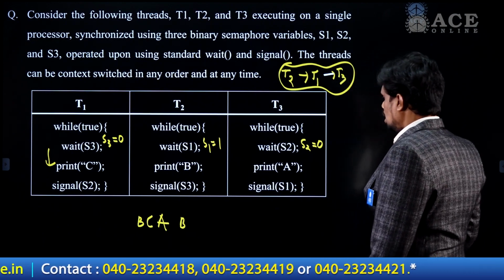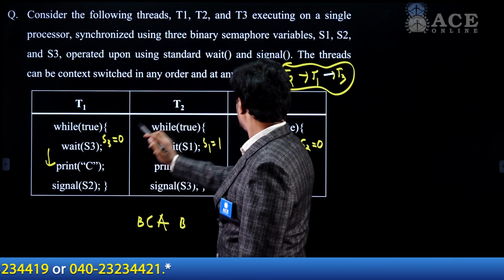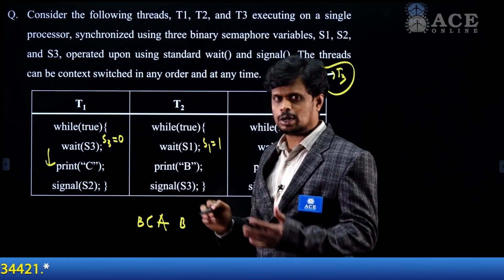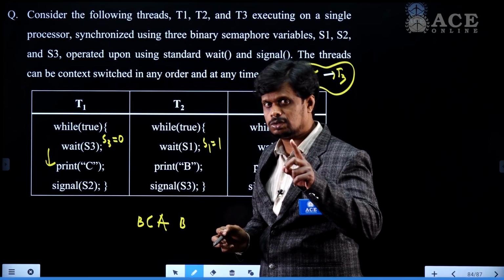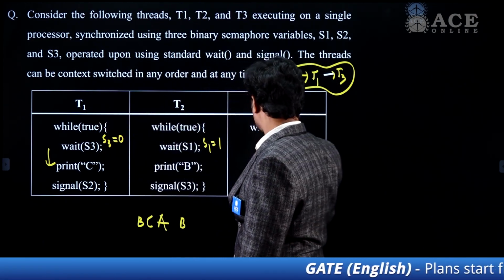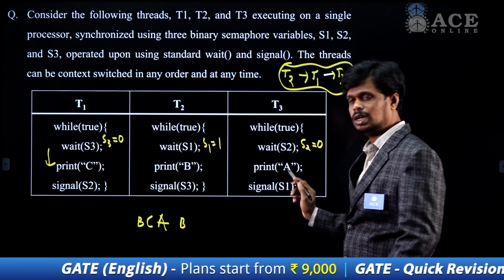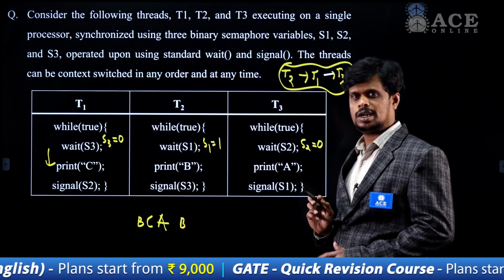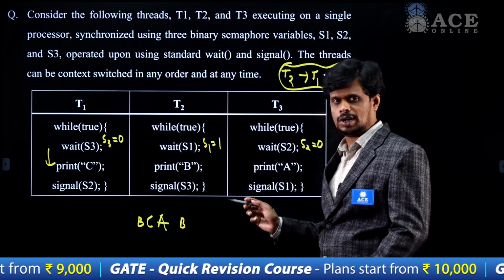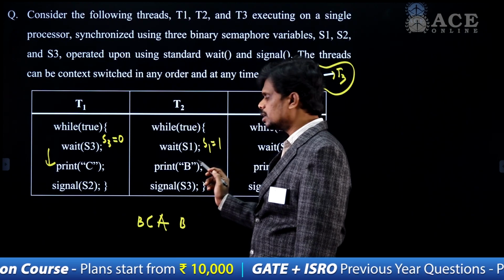And if you verify, if I want to block T1 and T3, I should make them wait on a semaphore whose initial value is 0. So for T1 and T3, the S3 value and S2 value must be 0, and the S1 value should be 1 because we need to allow T2 to print B.